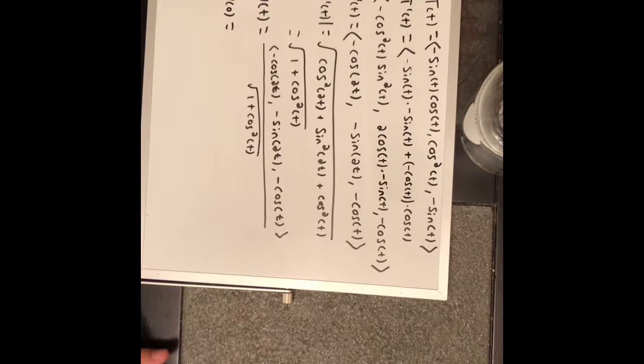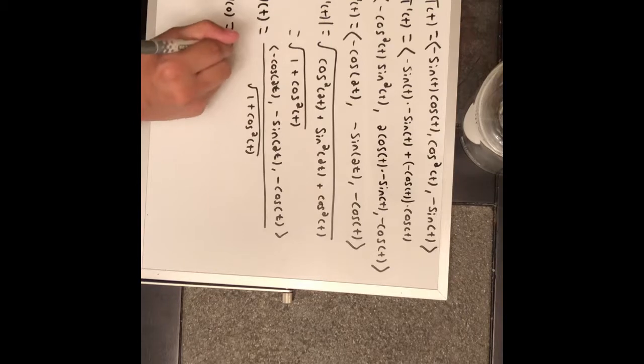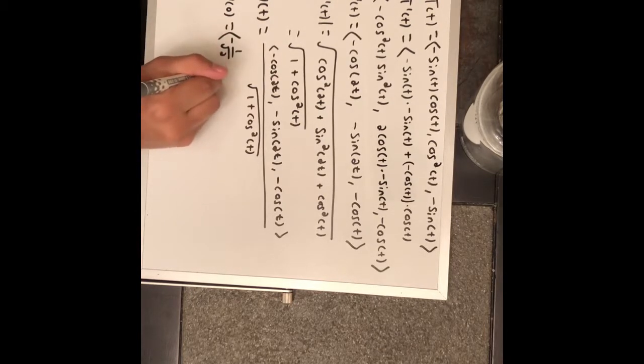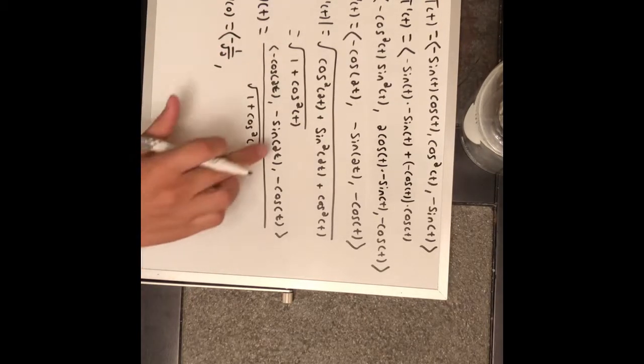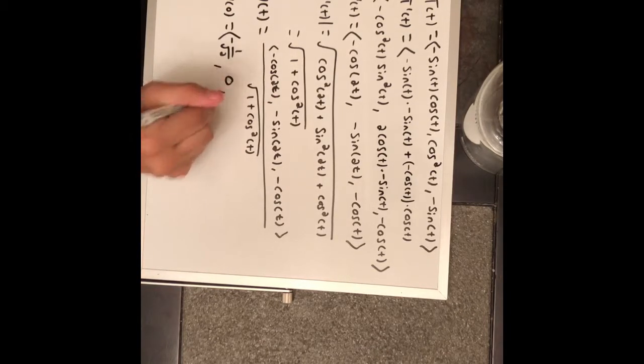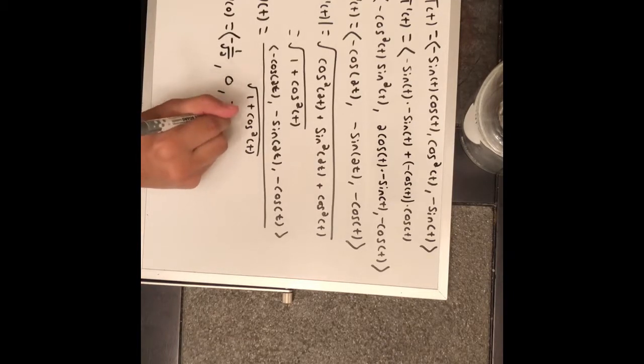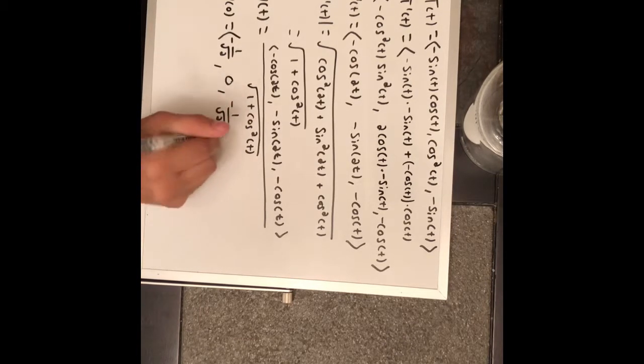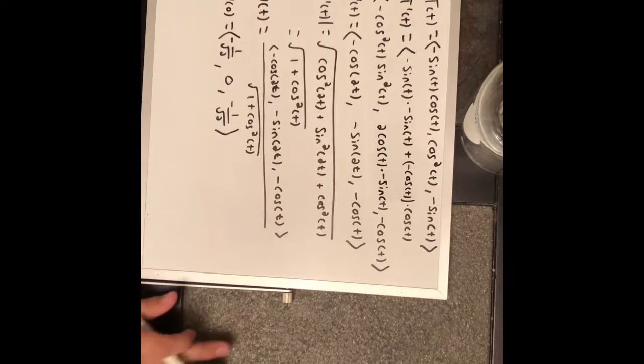And down here, cosine of 0 would be 1. 1 plus 1 is 2, so square root of 2. So this would be the negative 1 over square root of 2. Okay. Negative sine at 0 is 0. So regardless of what happens, that'll be 0. Negative cosine of 0, that's just negative 1. This remains square root of 2. So we have, once again, negative 1 over square root of 2. So this is our normal vector at point 0.